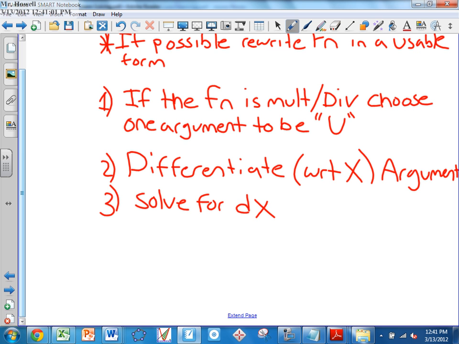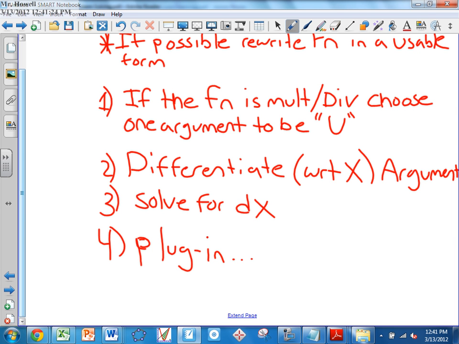We put in the original argument that we changed for u. I would just say plugging in, and then dot dot, because you're plugging in two things, aren't you? Plug in what we solved for dx, and what is u.